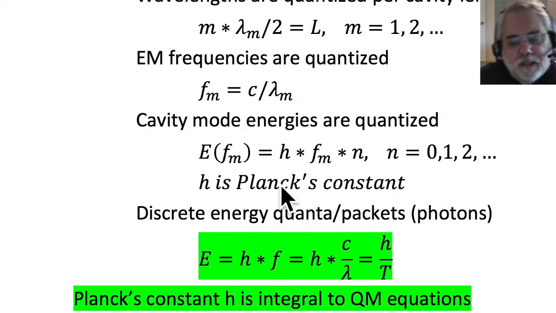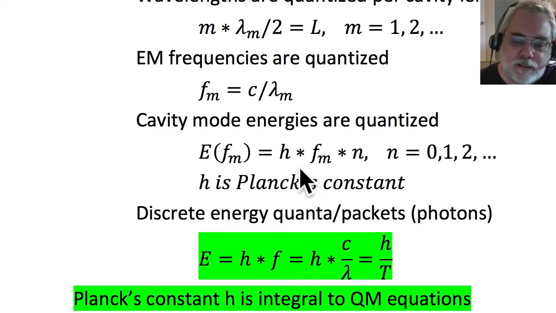He didn't call it Planck's constant. I should probably say Planck's constant, but I always call it Planck's constant anyway. So this is the formula for the energies in the cavity modes. If we look at the change in energy, we can go from n equals 0 to n equals 1, so the change in energy is hf.